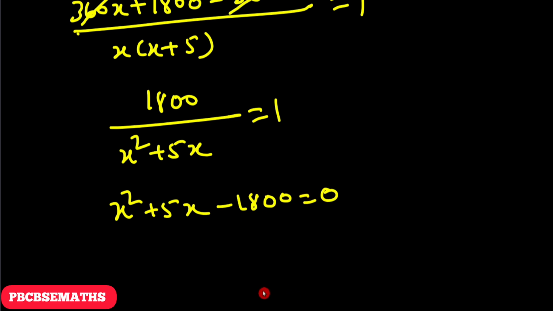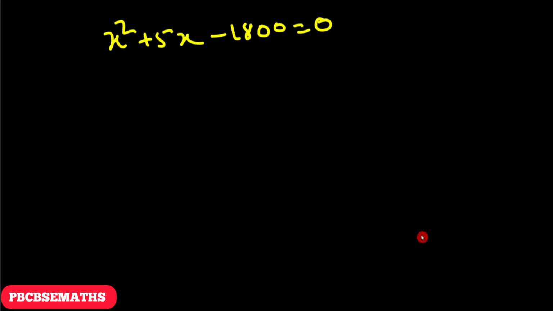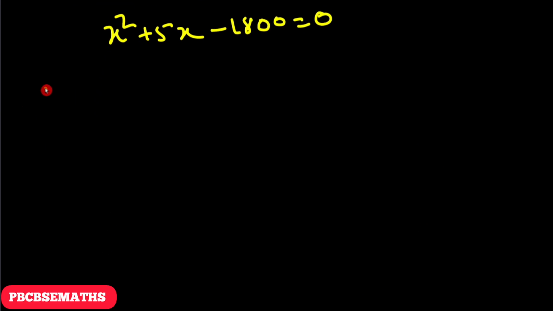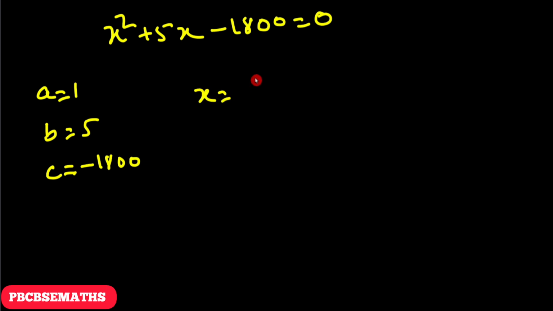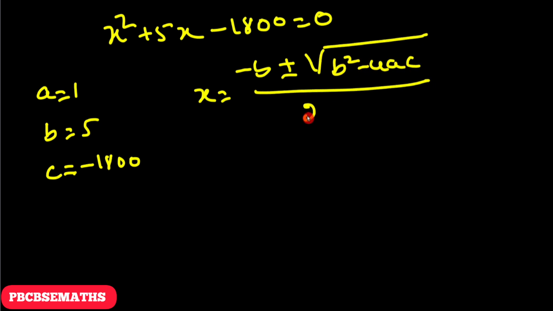Now we have a quadratic equation, and let's simplify this with the help of the quadratic formula. The value of a is 1, b is equal to 5, and the value of c is minus 1800. Now x equals minus b plus or minus square root of b square minus 4ac, divided by 2a.